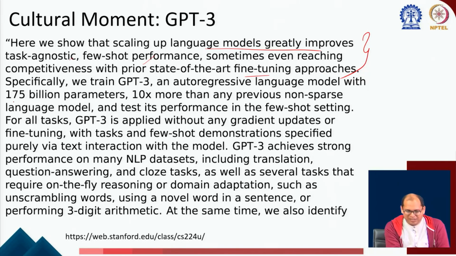This came with 175 billion parameters, and this was very important. They applied it without any gradient updates or fine tuning on many data sets, including translation, question answering, and cloze tasks, and tasks that require on-the-fly reasoning and domain adaptation. So it was doing very, very well. We will talk about this in more detail when we talk about prompting frameworks.